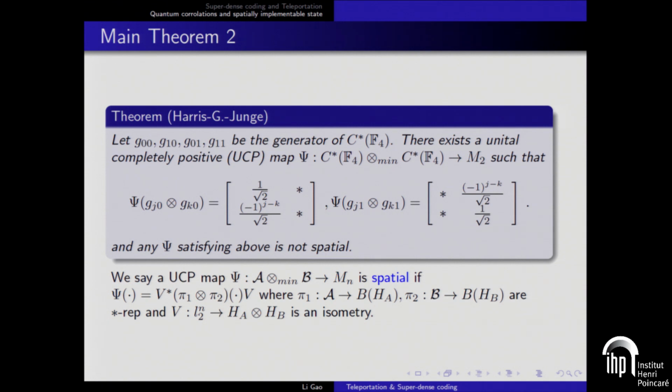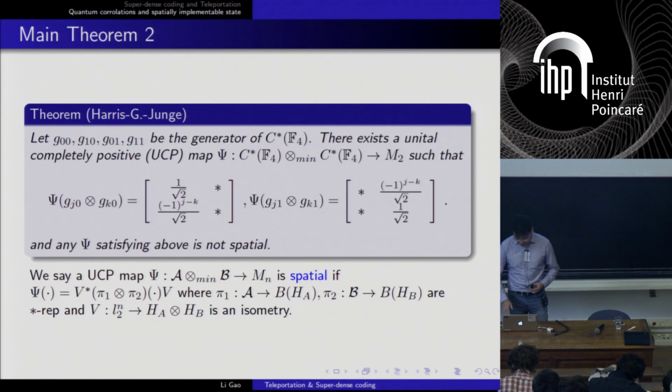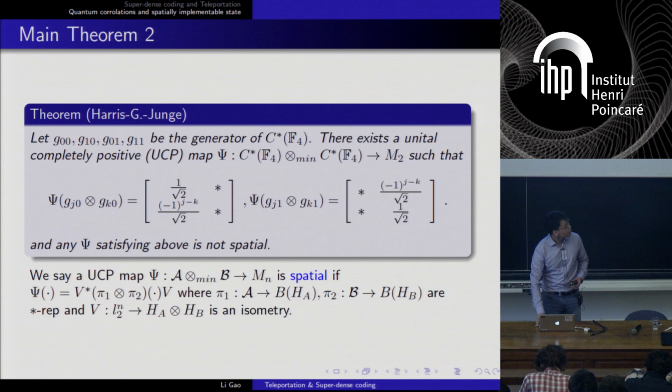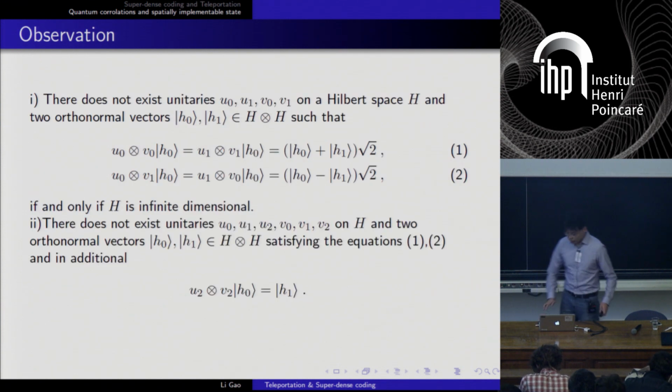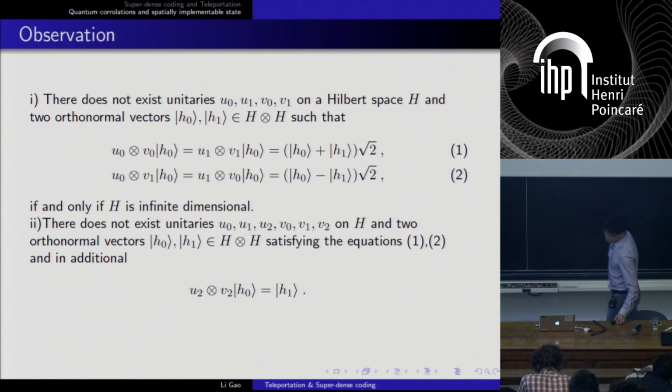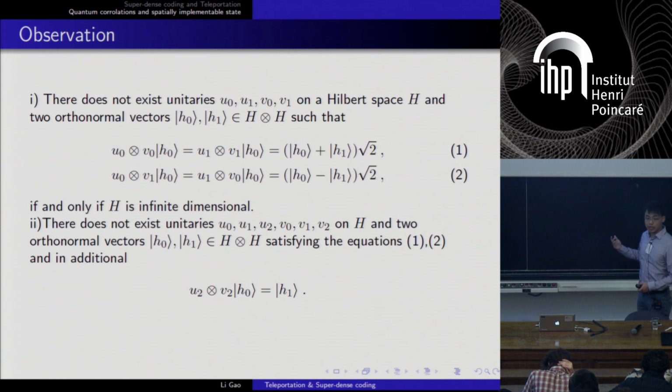And we know any psi satisfying this relation is not spatial. Here, spatial for a UCP map basically means it admits a Stinespring dilation via a spatial tensor product representation. So from our diagram, we give a proof of that.